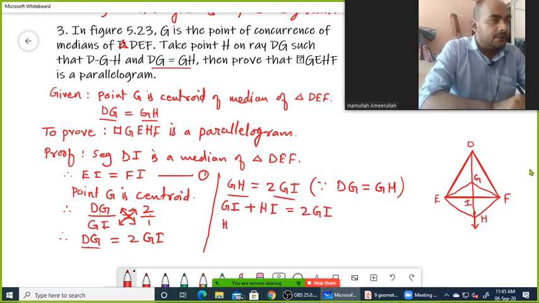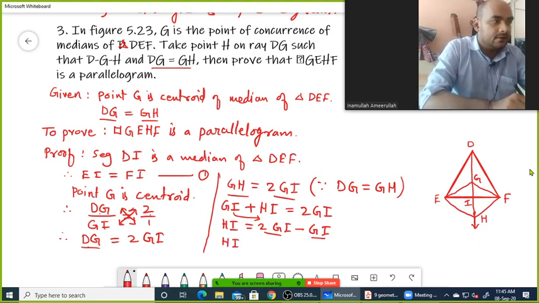I am keeping HI on its place, 2 GI on its place, and this GI can be taken to the right hand side, and will become minus GI. So this is 2 times GI, this is 1 times GI. So HI is the same as 1 time GI, because 2 minus 1 GI will give you 1 GI, and this is information number 2.